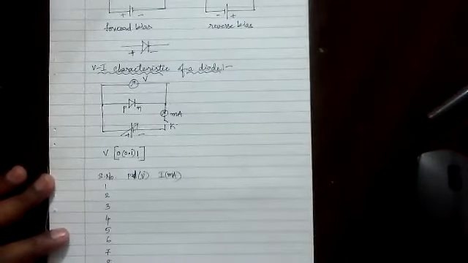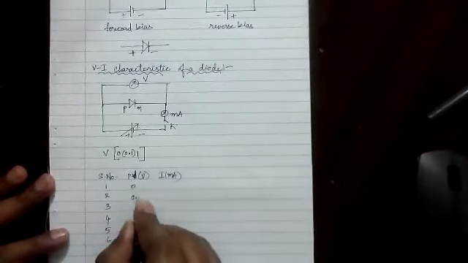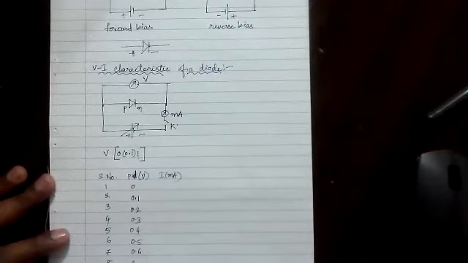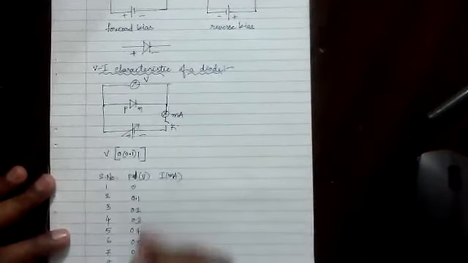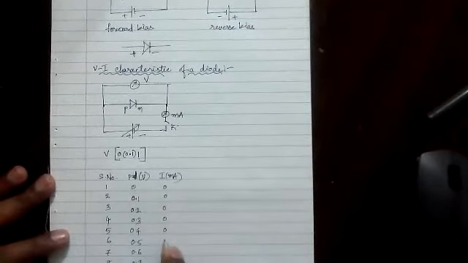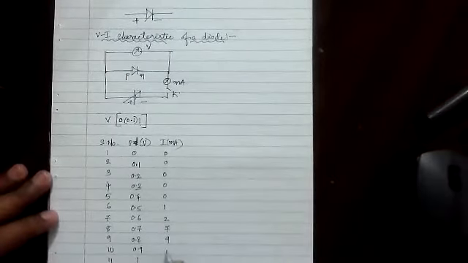Starting from 0, 0.1, 0.2, 0.3, 0.4, up to 1. Then here the current will be 0, 0, 0, 0, maybe 1, then 2, then something like 7, then 9, something like 10, and then 11, something like this it is.